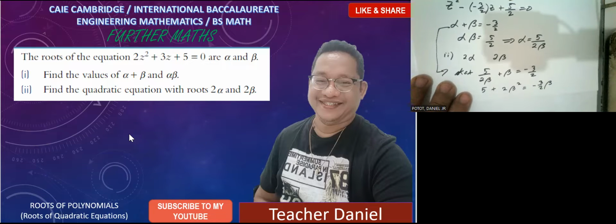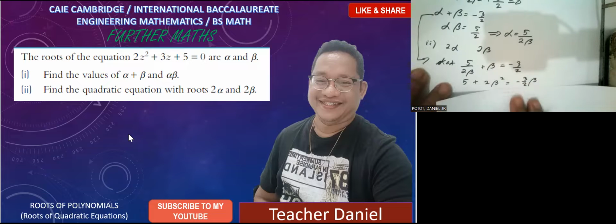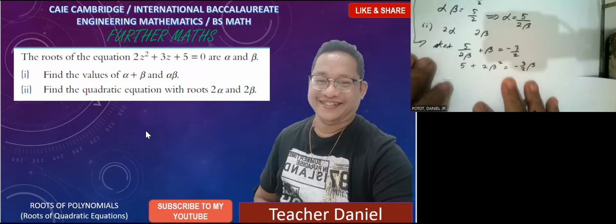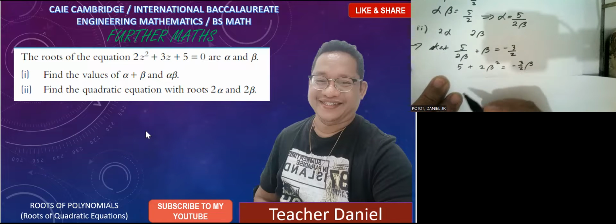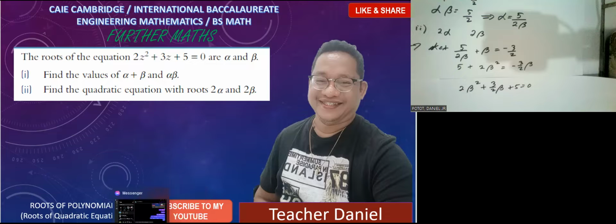Now we have a quadratic equation for beta, and we can solve it. Rearranging, 2 beta squared plus 3 over 2 beta plus 5 is equal to 0. All we need to do is take a calculator and solve this equation.